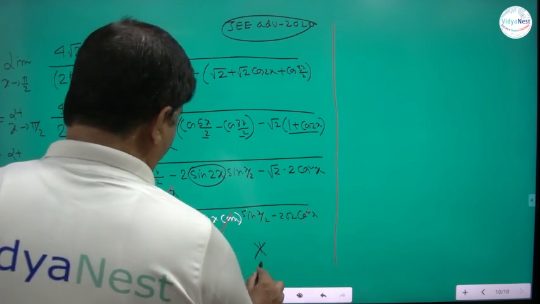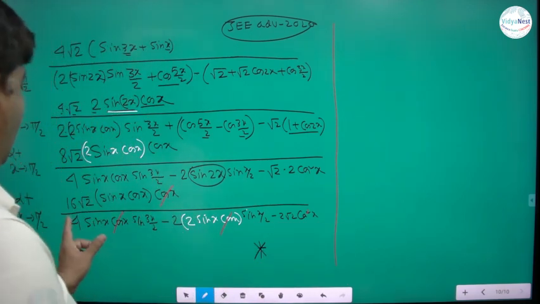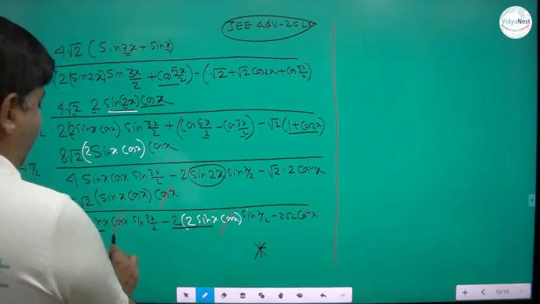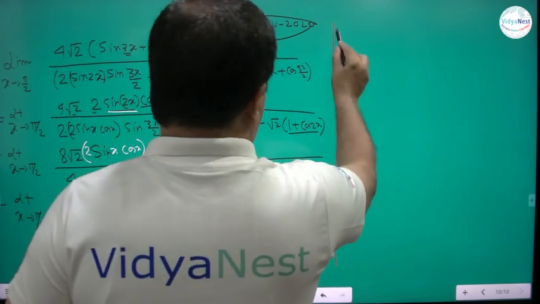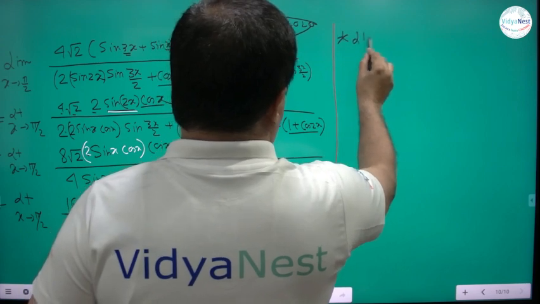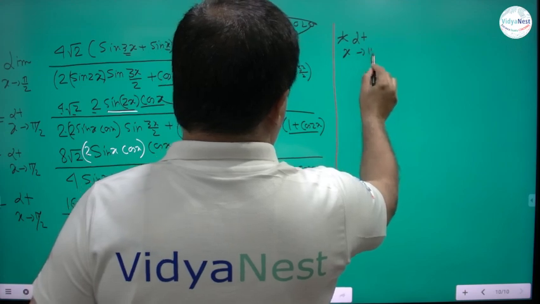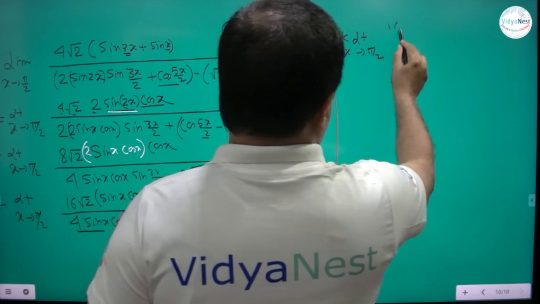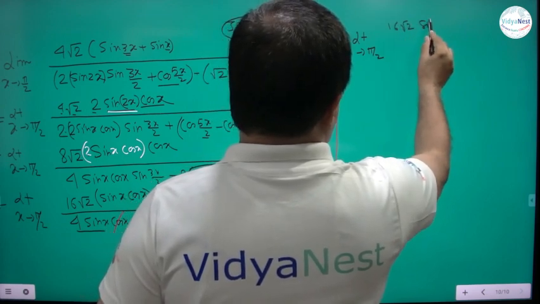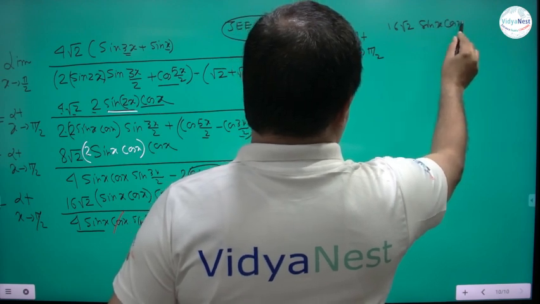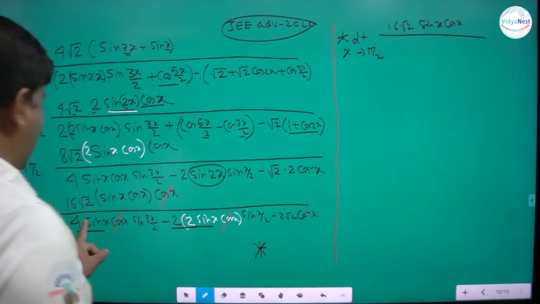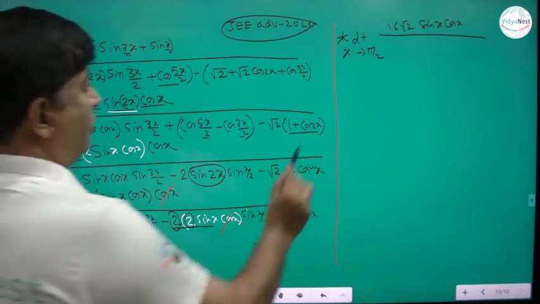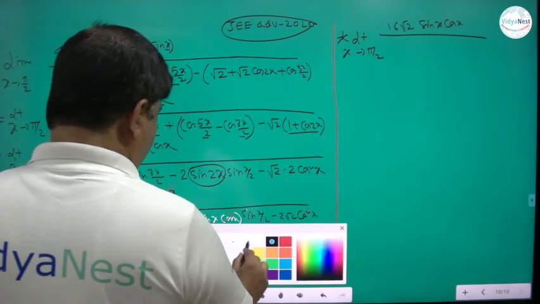After this stage, from here, 4 sin x, 4 sin x, I will take common. Limit x tends to pi by 2. Now, no change will be in the numerator. 16 root 2 sin x cos x by, see here, 2 into 2 will give you 4, and 4 sin x will be taken common.